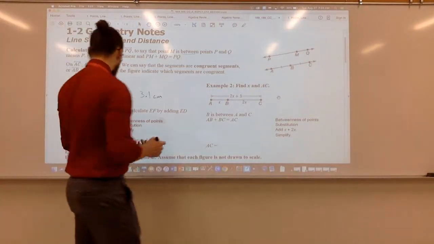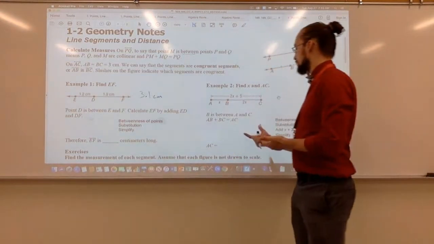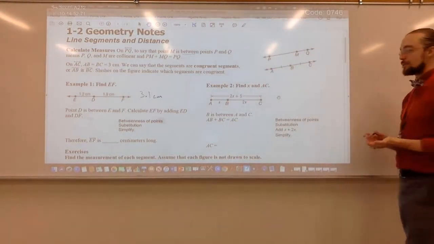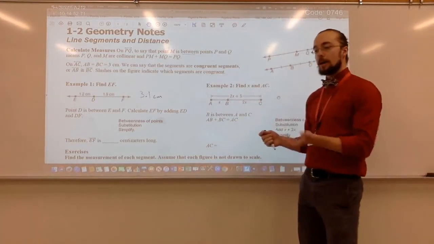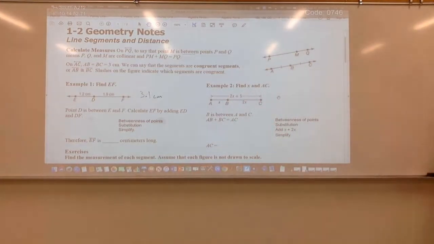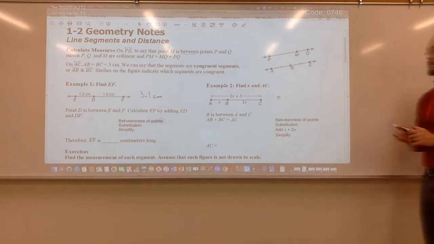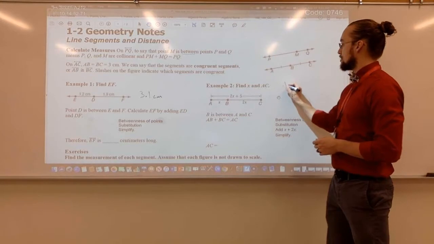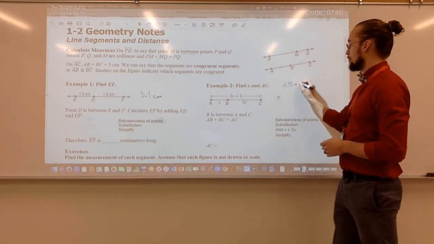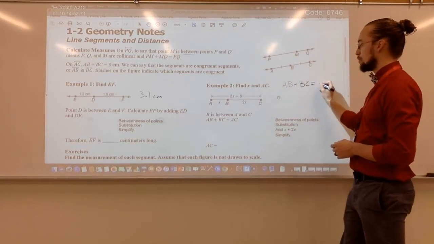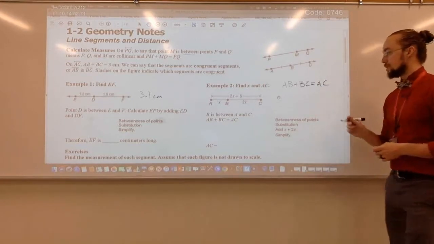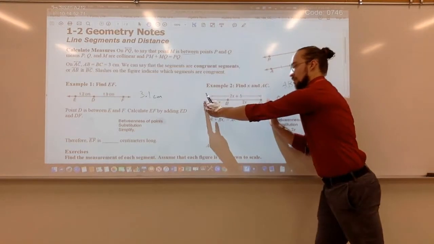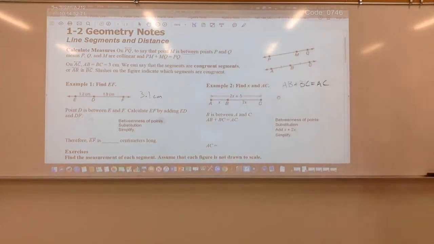So in this second example, we're going to go through that whole process. We're going to throw a little bit of algebra in here. We're going to get a simple algebraic equation, but it is still algebra. So I'm going to set this up as AB plus BC equals AC. This piece plus this piece equals the whole thing.